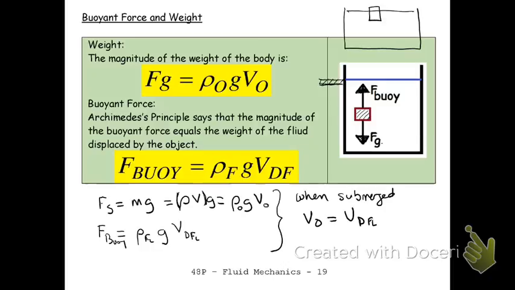That volume is the volume of the object, and oh look, that's what's pushing the fluid higher. So it's also the volume of the displaced fluid. Here, the volume of the object is not the same as the volume of the displaced fluid. So when you're floating, that's not true. But when you're submerged, that's true. Okay?